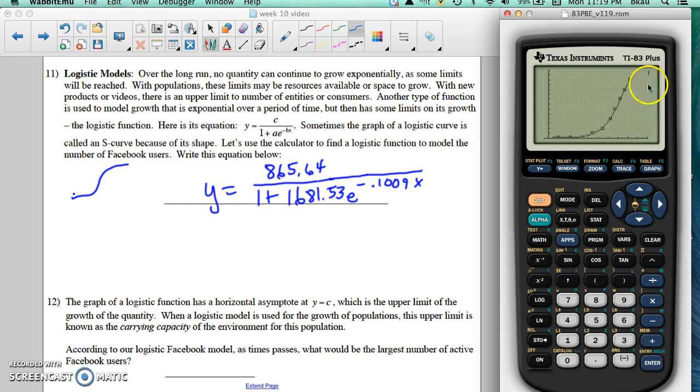It looks like it's a closer fit, and it's turning here, meaning we have a limiting factor. If we looked at our window being higher, let's see, 700, let's go a little higher so we can see the limiting factor. Let's go to 1,000, and we'll go by 100 here. Graph.